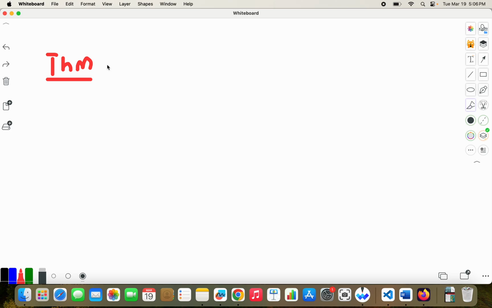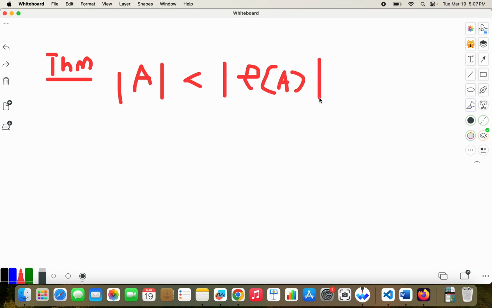So, if A is a set, then the cardinality of A is less than the cardinality of the power set of A. Always. For any set. Any set.